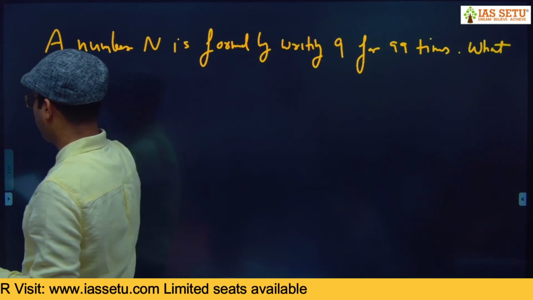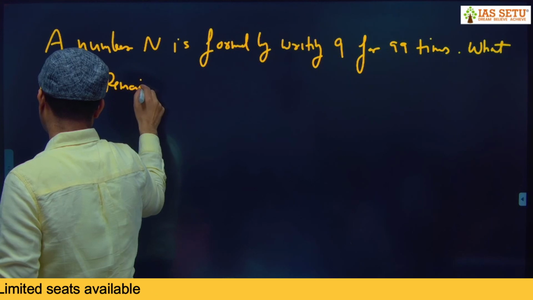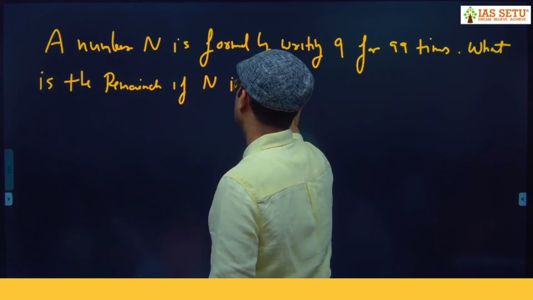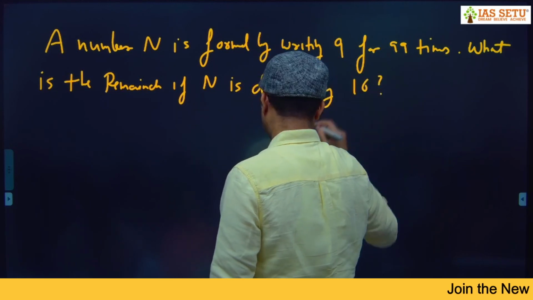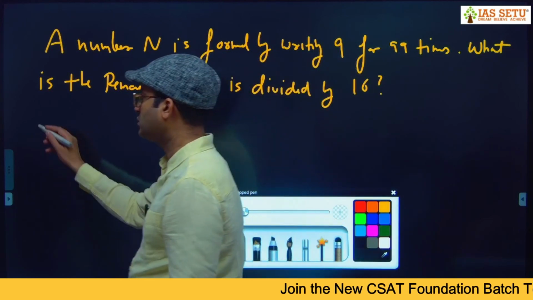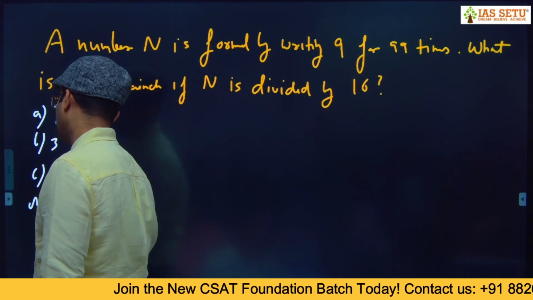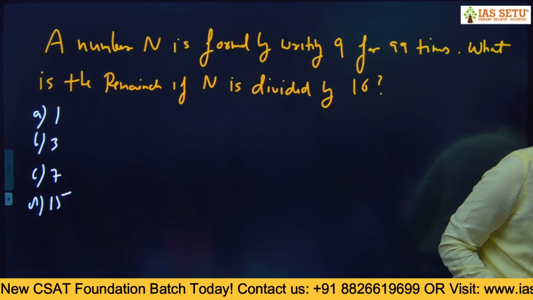What is the remainder if n is divided by 16? Okay, I give you answer options: 1, 3, 7, 50. First, we understand this question.